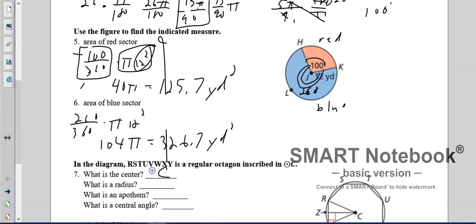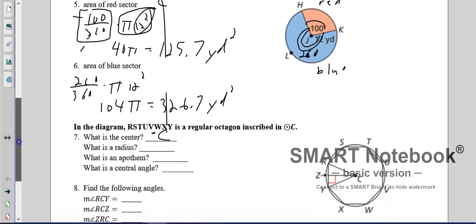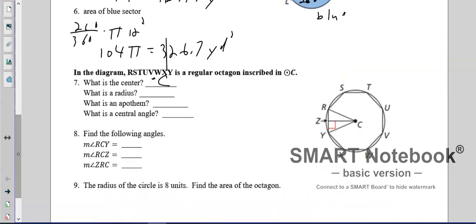C. There we go. C is the center. What is the radius? Okay, well, there's a little bit of math to do there. But what is the radius? We're just going to say, name it. So we could say CY or CR.